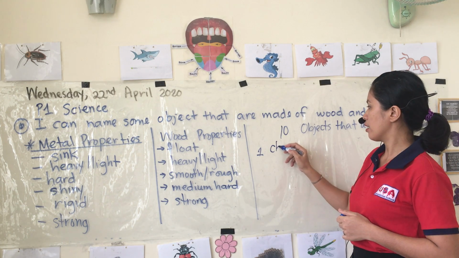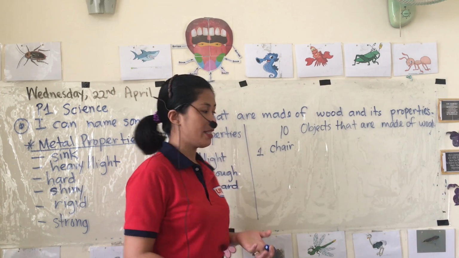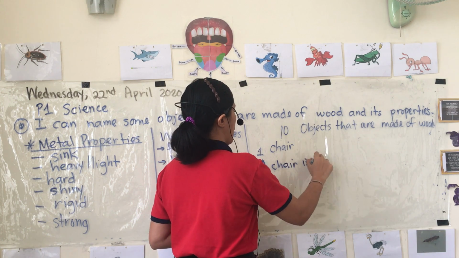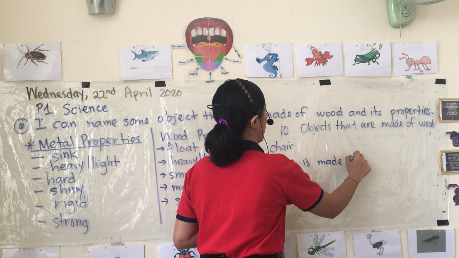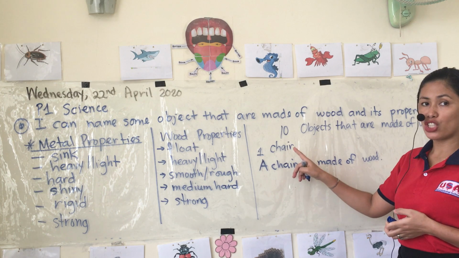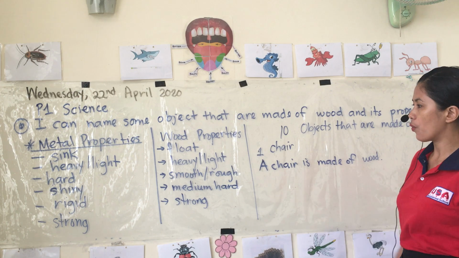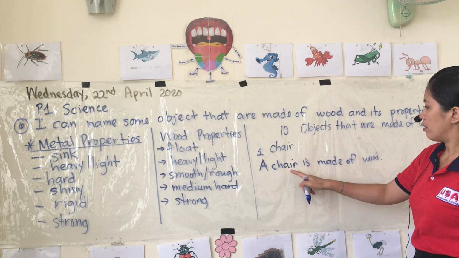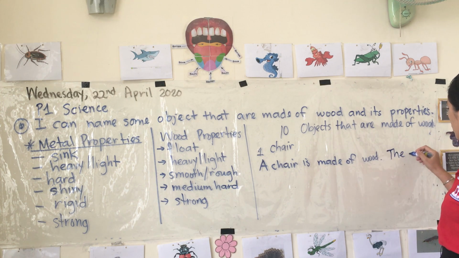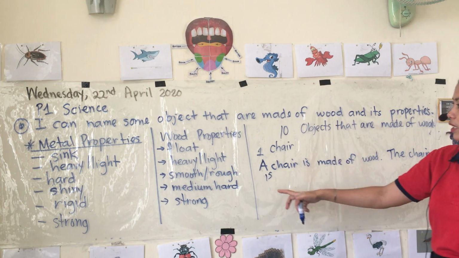Okay, for example, what are things that are made of wood? Chair, right? So you can write it in a full sentence, like: a chair is made of wood. And then based on the chair that you have at home, you will say what the properties of the wood are.